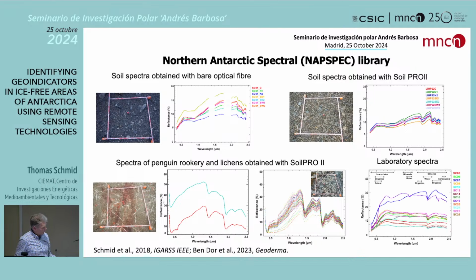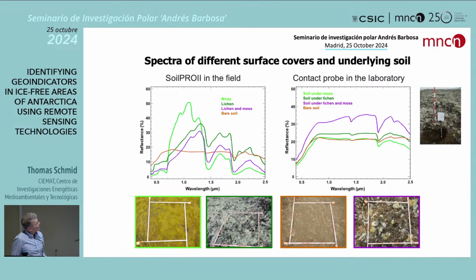And also our laboratory spectra is very useful because we can create models that permit us to determine different soil properties, for example. So the spectra of different surface covers are interesting, and often where I especially work in the area of soil, I'm looking for soil, but it's covered with vegetation. But that's a good indicator.